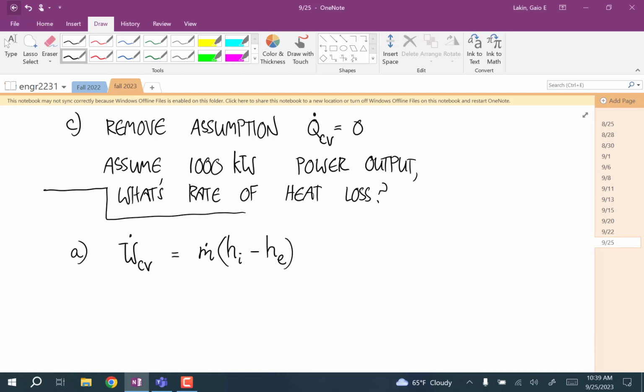We're just going to look up, in a steam table, that H at the inlet is equal to 3658.4 times 10 to the third. This would be watts per kilogram. Oh no, not watts. This is not a time derivative, so this is just joules per kilogram.